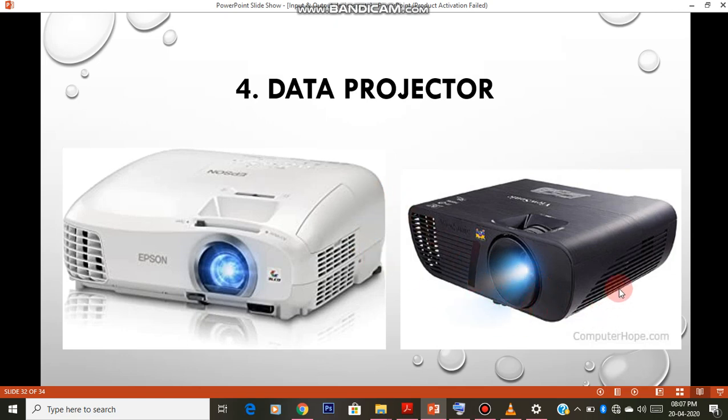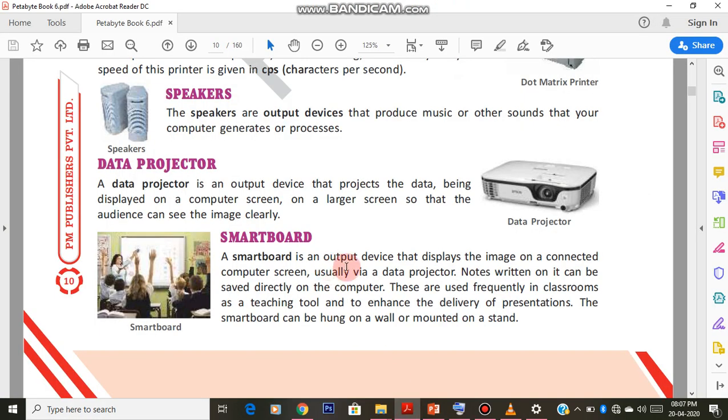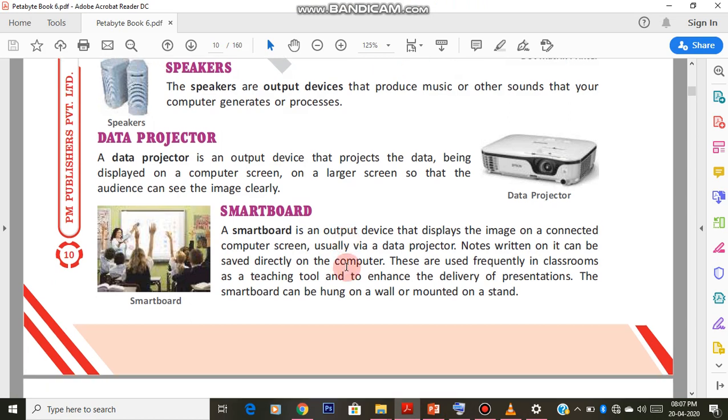Projector will take the input from input devices like mouse or keyboard from the computer, and it displays the output onto some object. It can be your smart board, right? So that is projector.